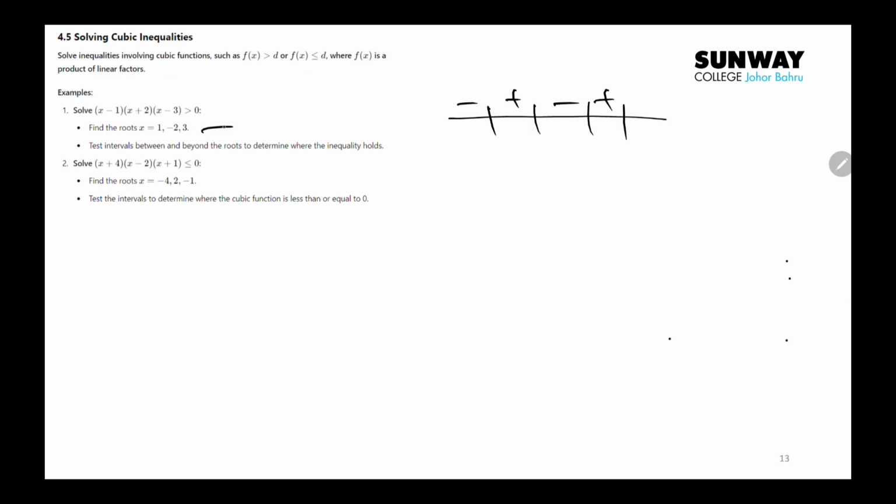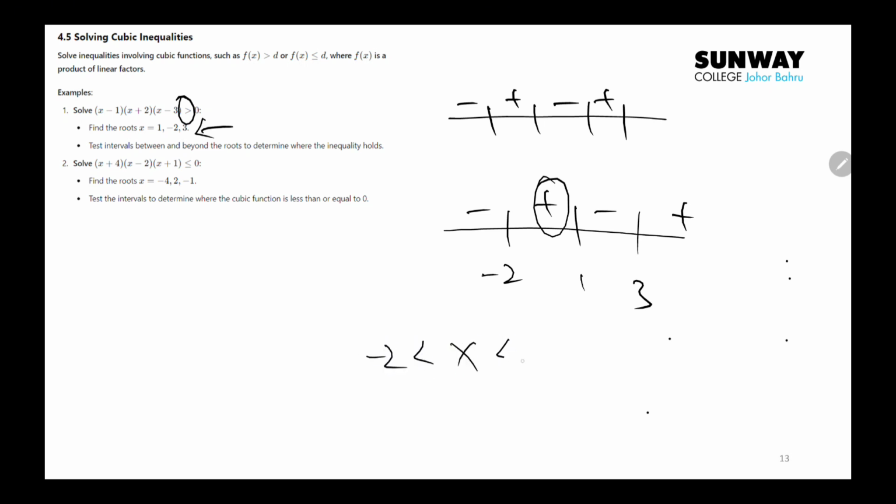So if you have the roots, for example -2, 1, and 3, again, negative, positive, negative, positive. You see bigger, so you choose the positive region. So the solution for the first question is x in between -2 and 1, or x bigger than 3. These are the solutions that satisfy this inequality.